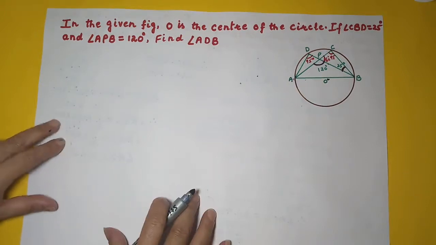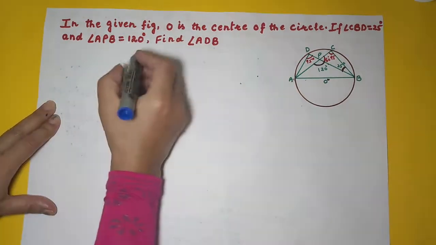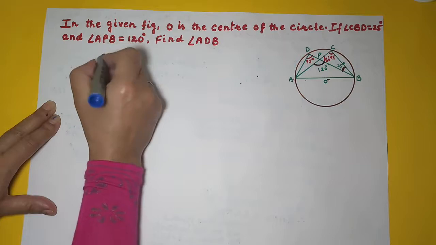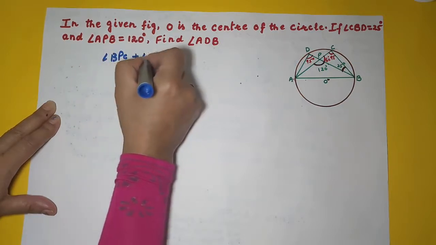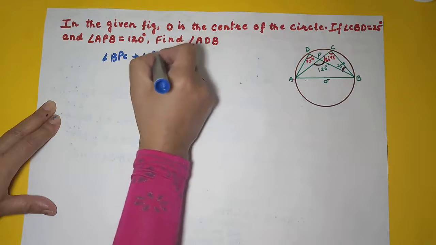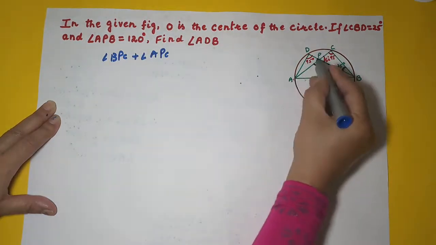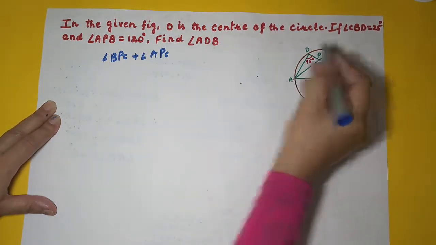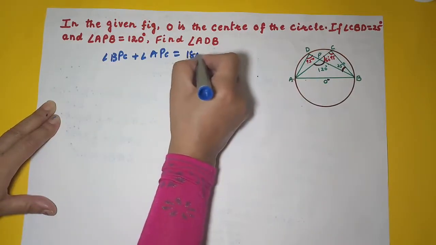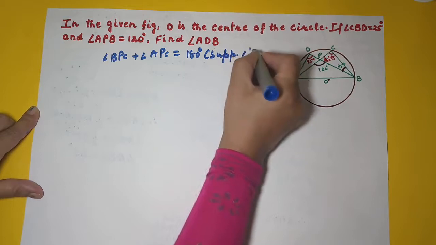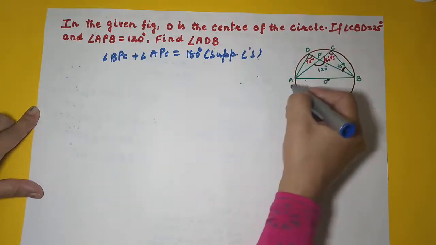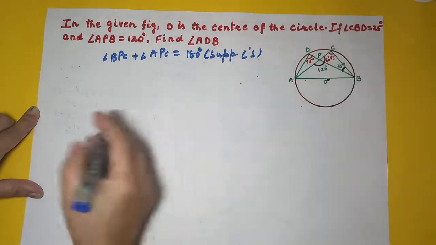Let's write this now. We can write angle BPC plus angle APB is equal to 180. What is the reason for that? Because they are supplementary angles. It's a straight line on which these angles are formed.